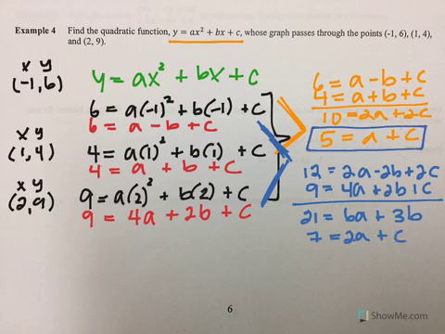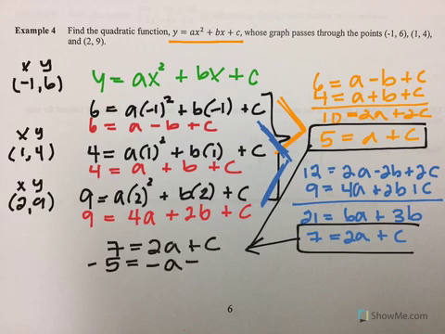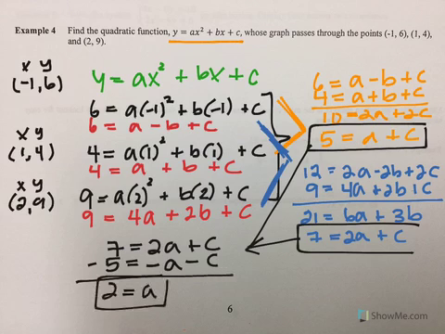So this is now my system of equations. I'm going to take this guy and this guy, and I'm going to bring them over here and solve them together. So I get 7 equals 2a plus c, and minus 5 equals minus a minus c, and I get a equals 2.